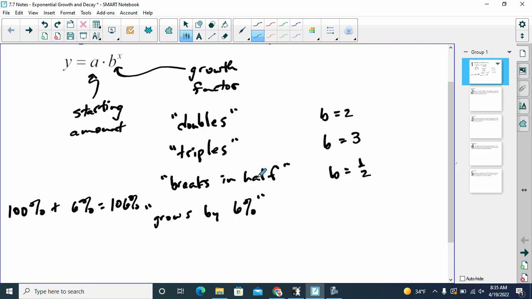So each time it grows by 6%, we are retaining the 100% that it was at, plus we're adding 6% onto that. So we're getting back 106% of what it was. And then we need to change it to a decimal. So I move the decimal point 2 places. In this case, my b value would be 1.06.